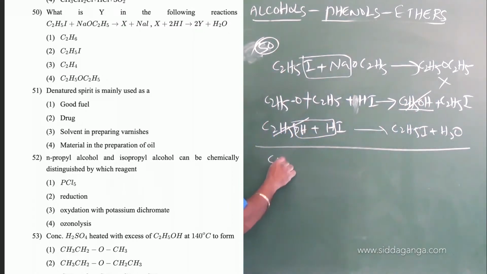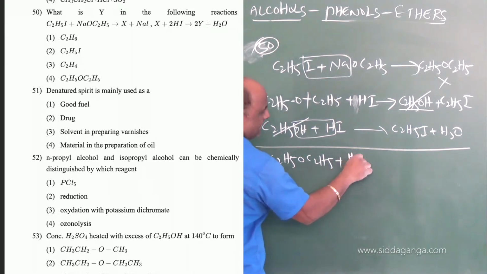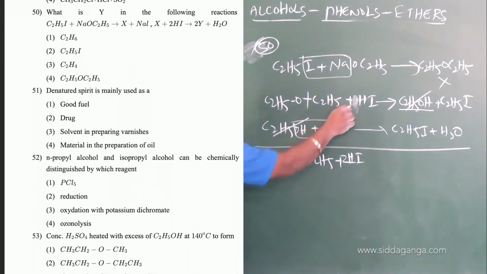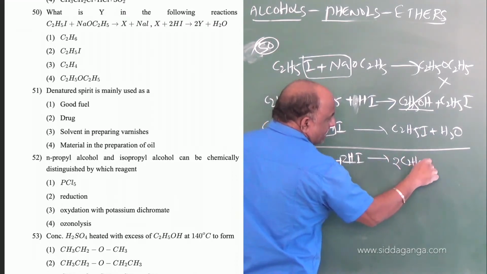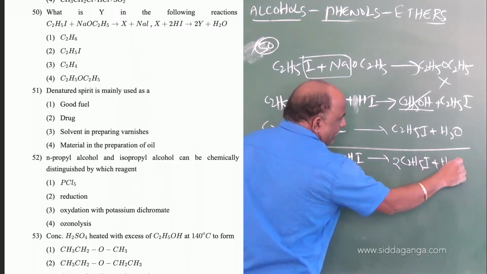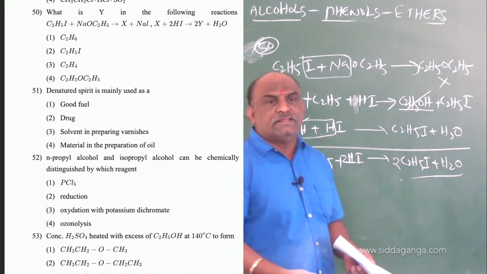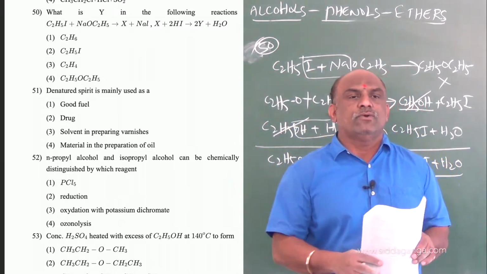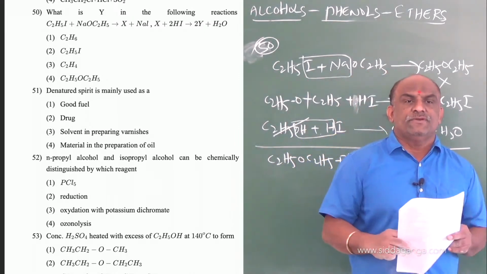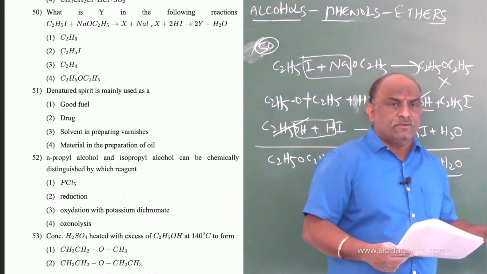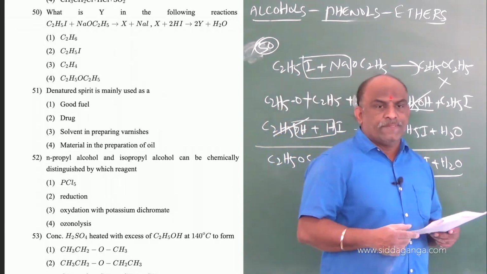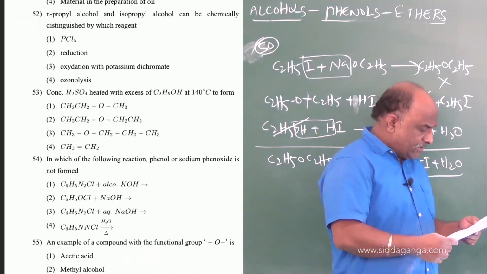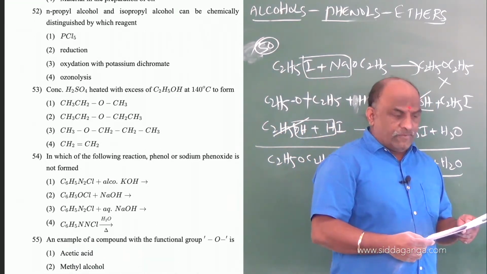So the answer will be C2H5OC2H5 plus 2 molecules of hydroiodic acid gives 2 molecules C2H5Y plus H2O. So the answer is ethyl iodide, option number 2, the right option for this question. So concentrate on practicing this type of questions, then you will get an idea about this. And next one, question number 52.